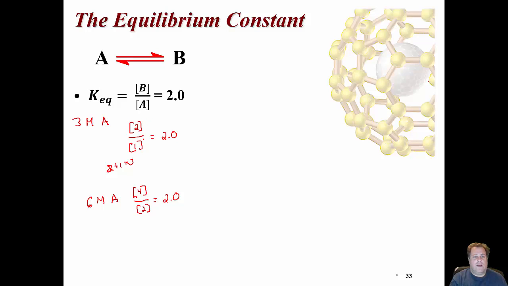This ratio has to come out to be the same. Likewise, we could start with 6 molar B. Right? So we started off with a different amount. Okay? And we would get, once again, the same as we just got, starting with 6 molar A. And we get, again, 2.0.